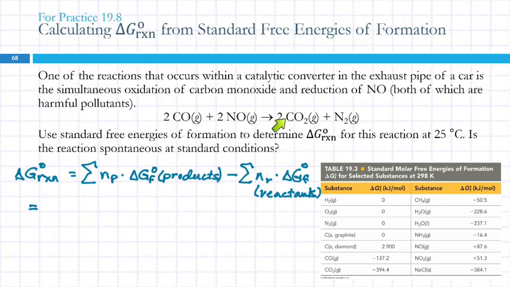So for the final, we have 2 moles of CO2. I'm going to leave the CO2 off. So we're going to look at what is delta G for CO2 and make sure that it's the correct state. It is, so minus 394.4. That's kilojoules per mole.